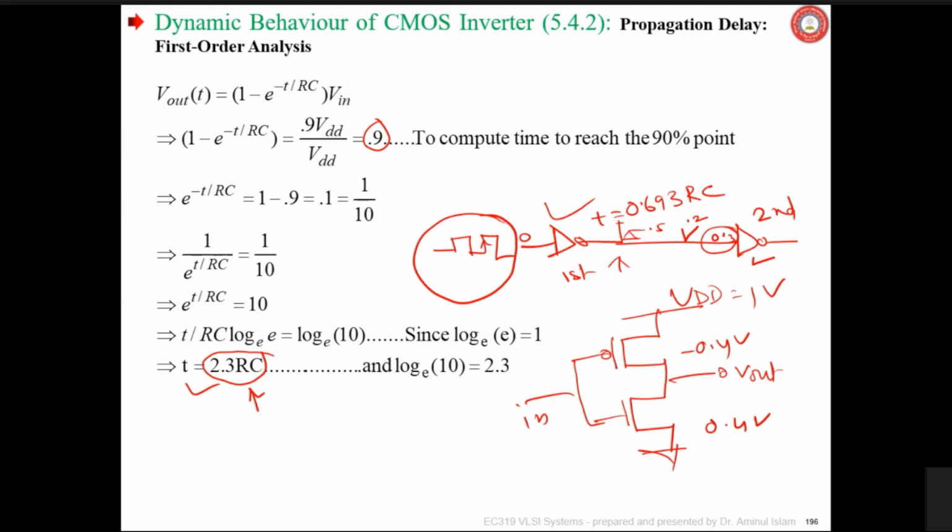Harsh Tripathi. Sir, resistance of PMOS and NMOS. Yes, you are right. It is the resistance of the PMOSFET here.